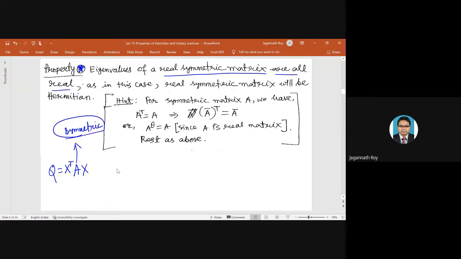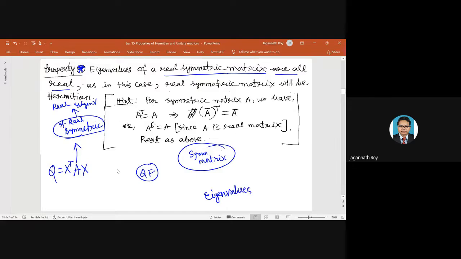And this symmetric matrix, if it is real symmetric, then what we'll get? Eigenvalues are real. So this quadratic form, then symmetric matrix, and eigenvalues, they have a close relation.